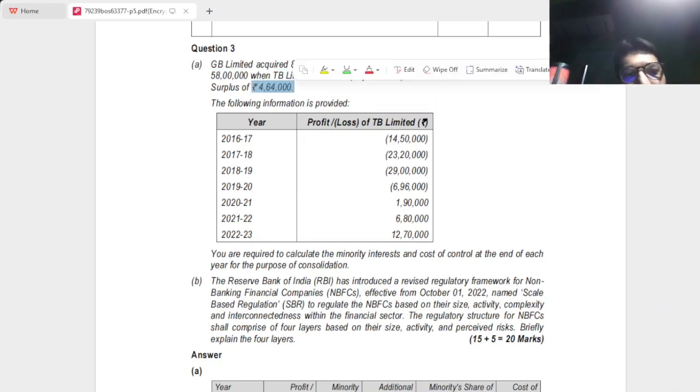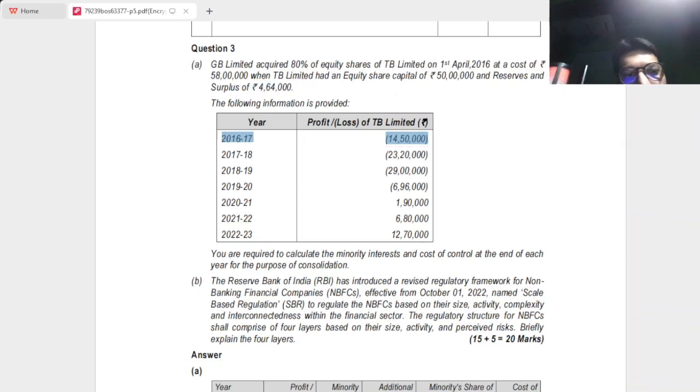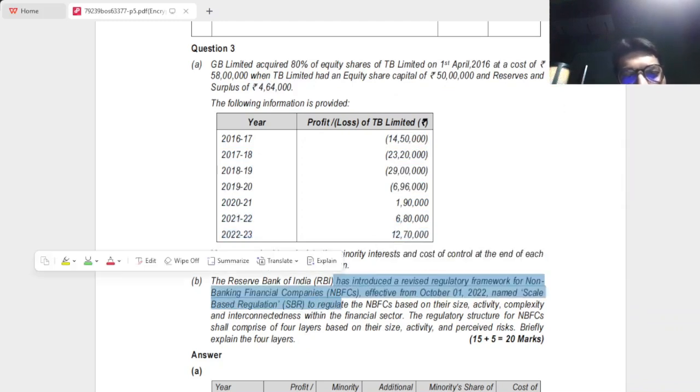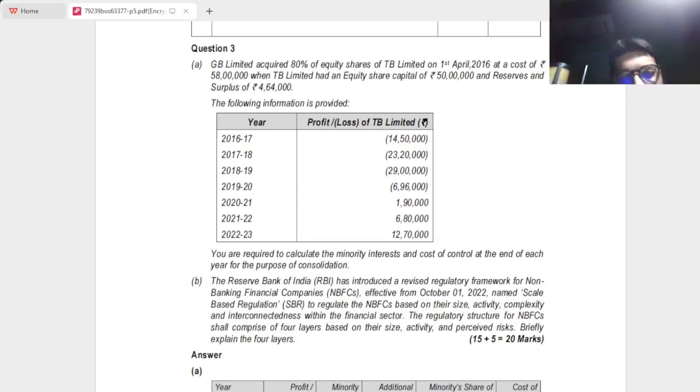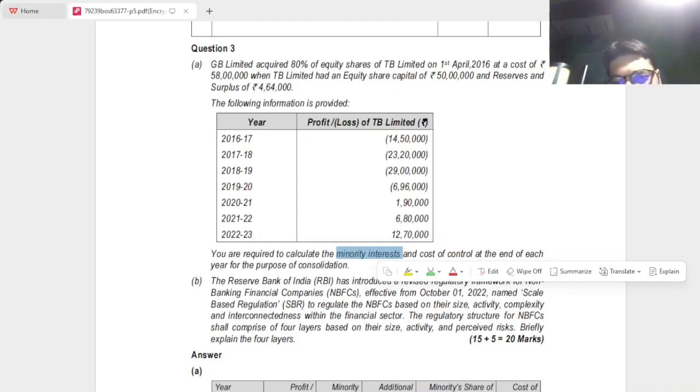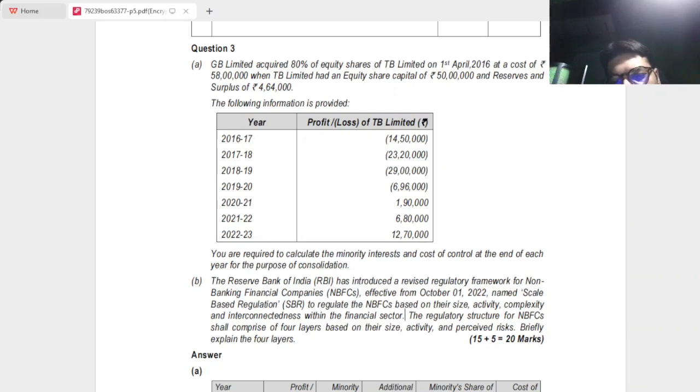Reserves and surplus and the profit and loss of the company were given. You are required to calculate the minority interest and cost of control at the end of each year for the purpose of consolidation.